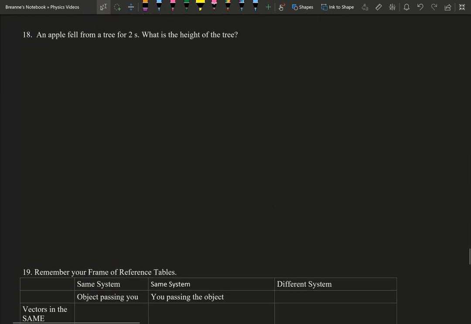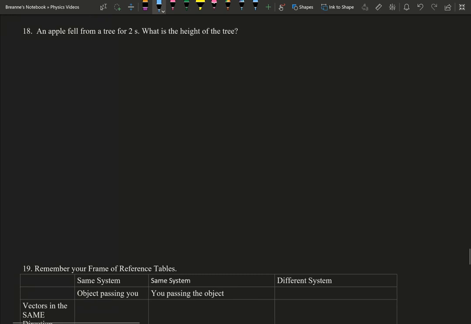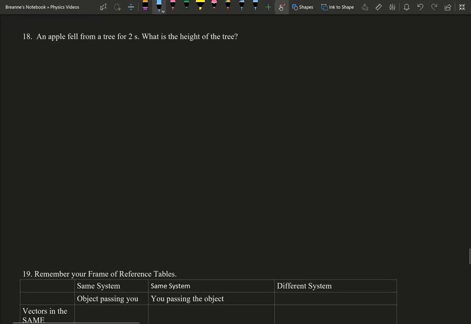So an apple falling from a tree for 2 seconds, what is the height of the tree? So let's do some givens. Our time is 2 seconds. Now it's falling, so we know that our acceleration is negative 9.8 meters per second squared, and we're looking for the height of the tree.